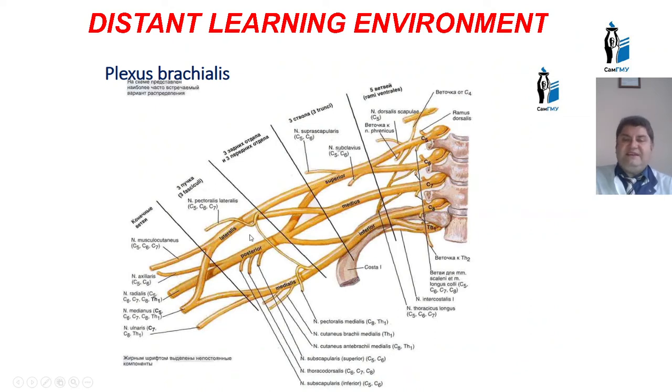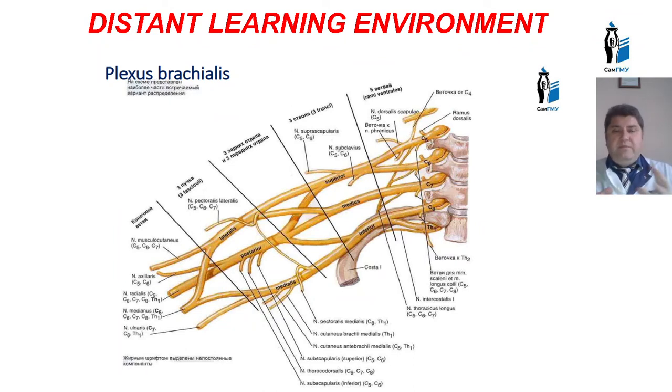So these fasciculi are named because they are situated around the axillary artery. The lateral fasciculus is situated laterally from this artery. The posterior is on the posterior side, the backside of the axillary artery, and the medial fasciculus is situated at the medial surface of the axillary artery.